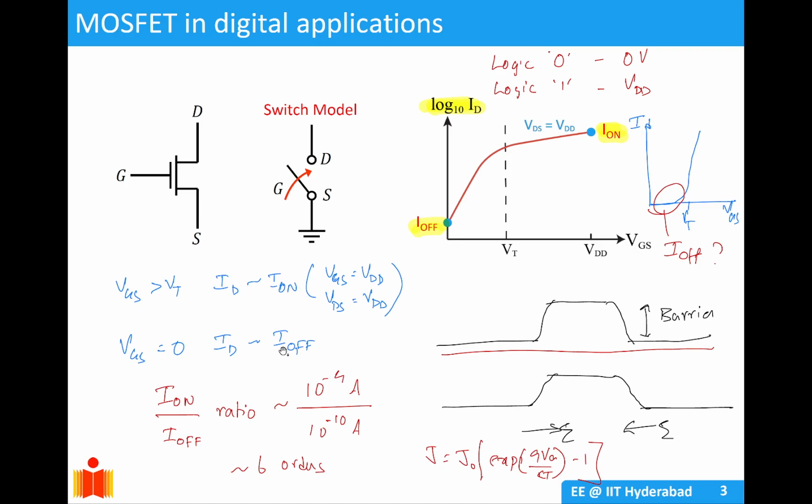So we can calculate the ratio between I on and I off, which comes out to be on the order of 5 to 7 orders of magnitude.